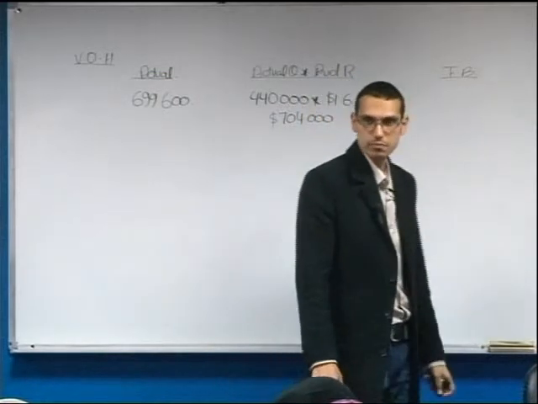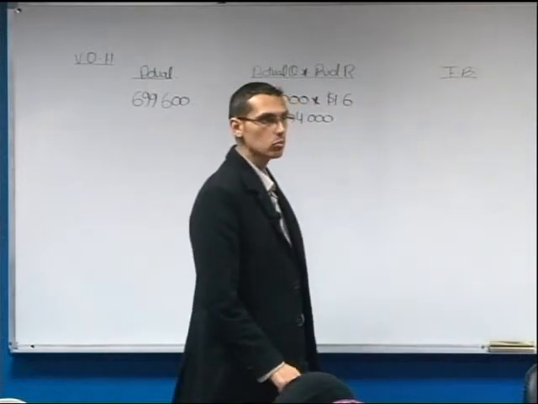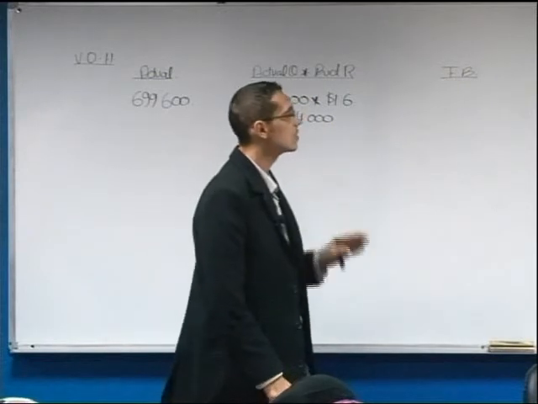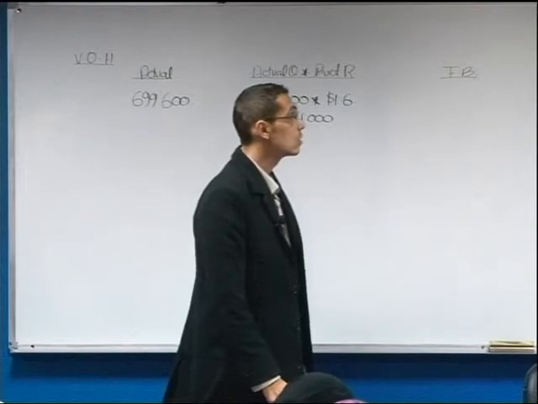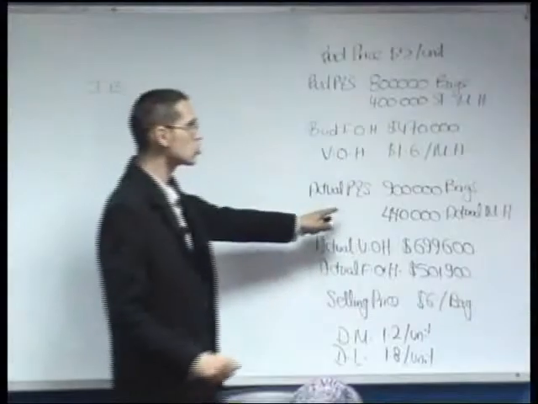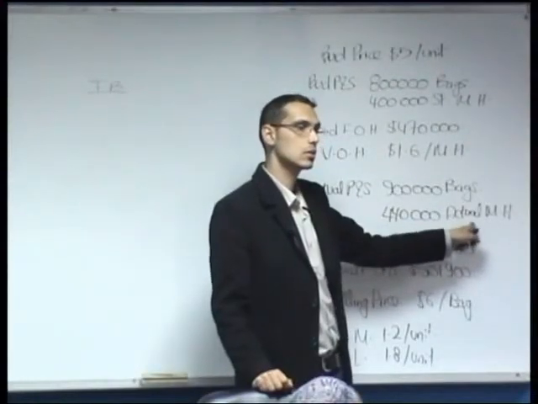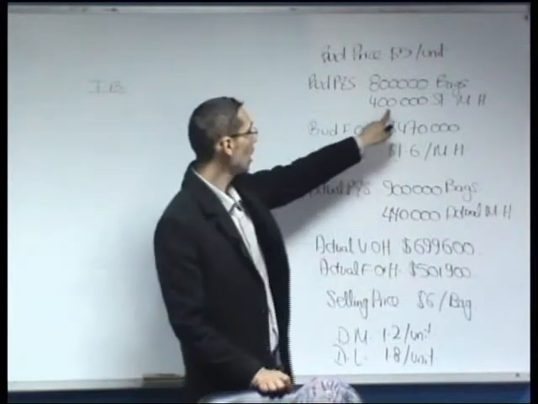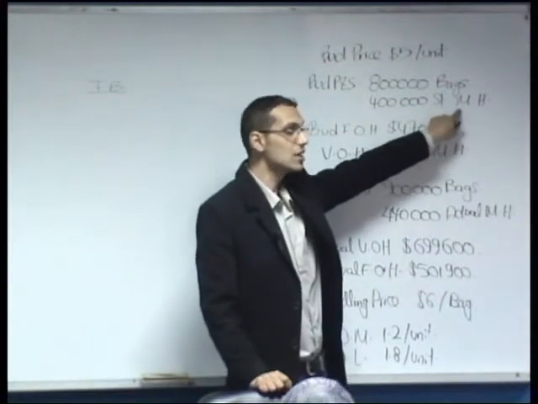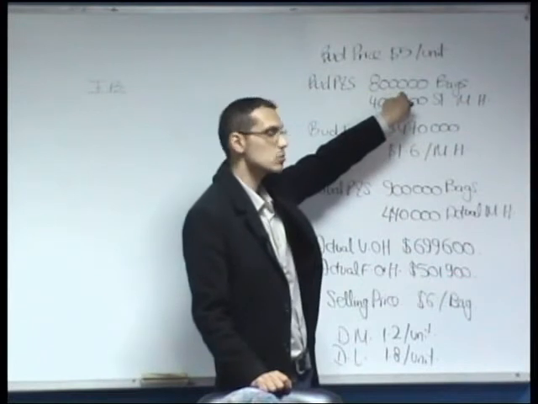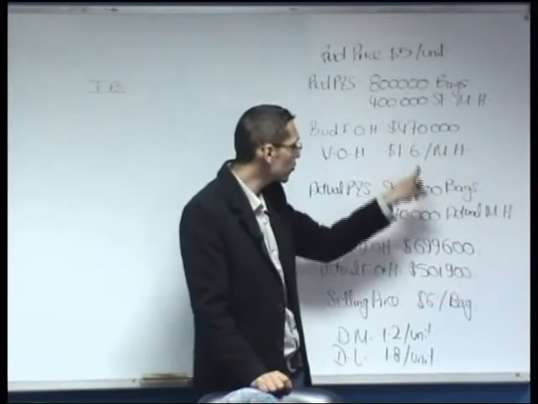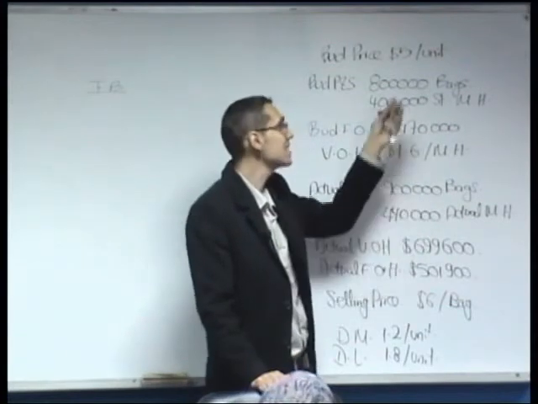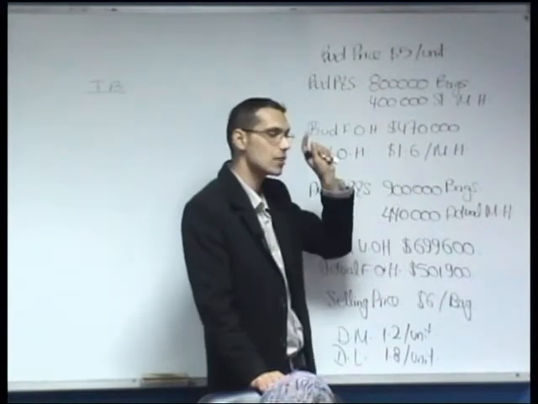Think of it. We need the budgeted quantity of machine hours. The 440,000 are the actual machine hours, and this 400,000 are the standard machine hours for the 800,000 bags. Now we need the standard machine hours for the 900,000 bags.